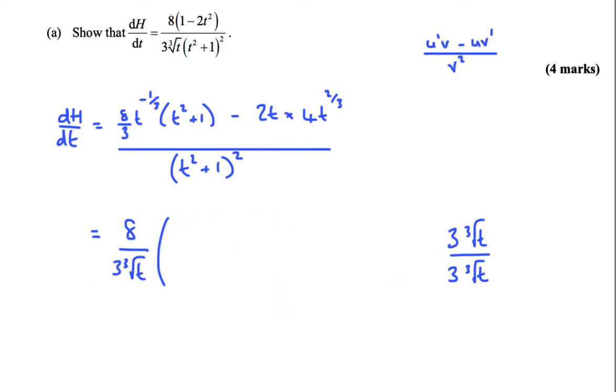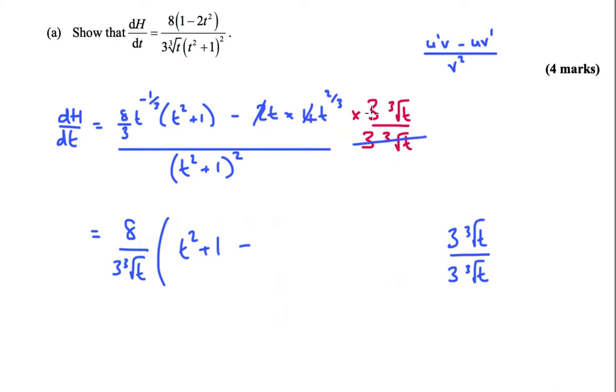So if I times this by 3 times the cube root of t, top and bottom, this now has it too. So I can take a big bracket and have my t squared plus 1 minus, the 8's come out, so that's sorted. The bottoms come out, so that's sorted.